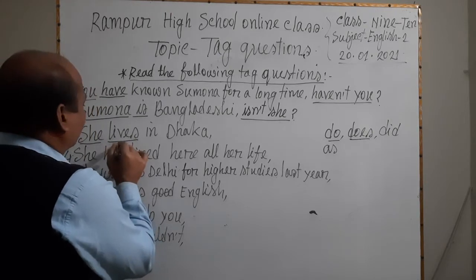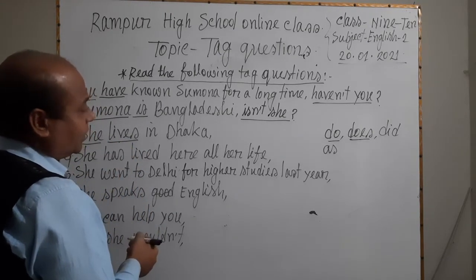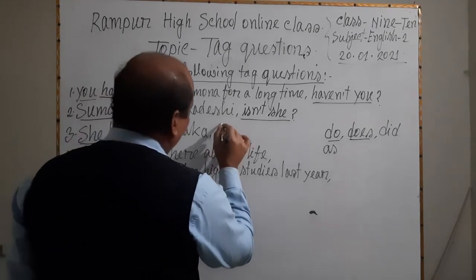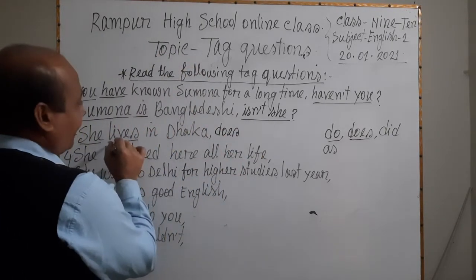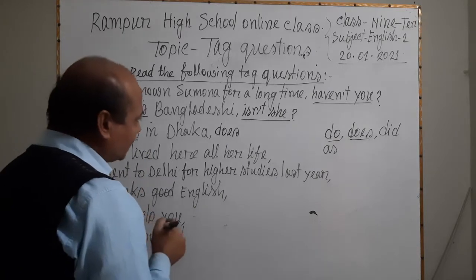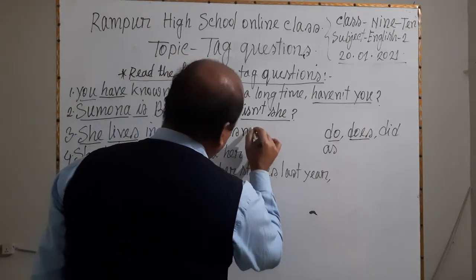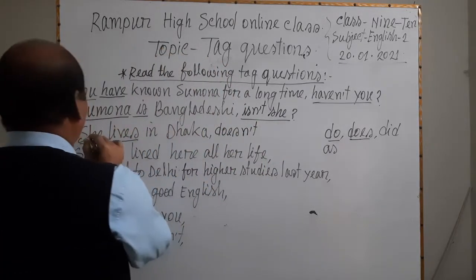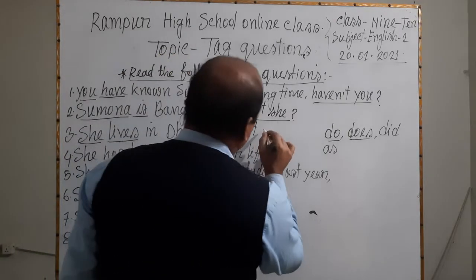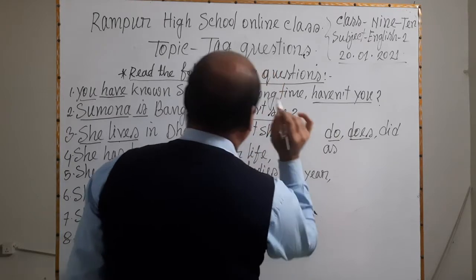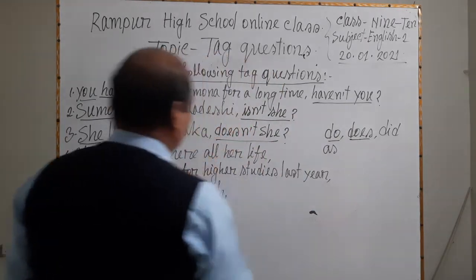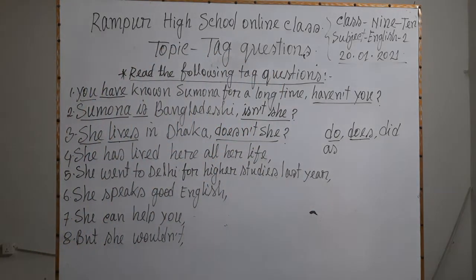Here the verb is present form, so we will use does, and as it is affirmative form, we will use not, doesn't. Pronoun she, we will here use she, then sign of interrogation. These are the solution of this tag question.